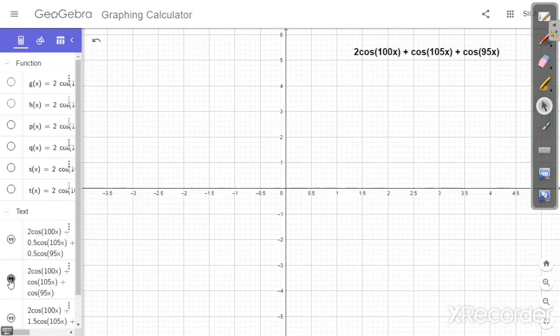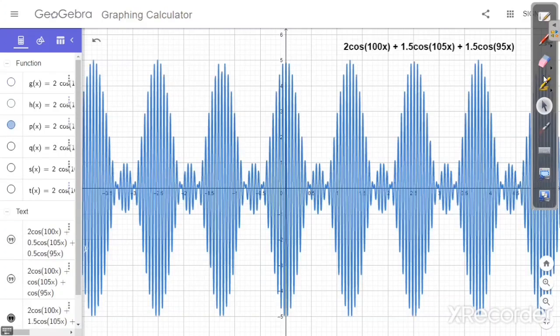Next, when the modulation index is 1.5, we get this type of waveform. Here we can observe this extra sideband. This is the over modulation waveform when the modulation index is 1.5. Here also we can clearly observe the envelope.